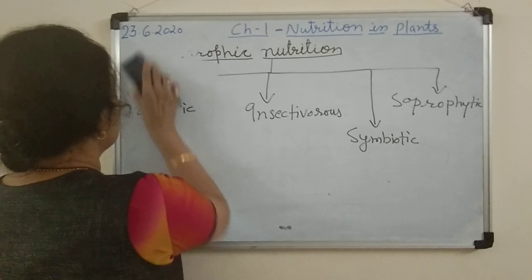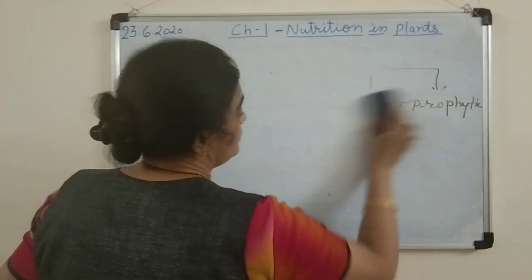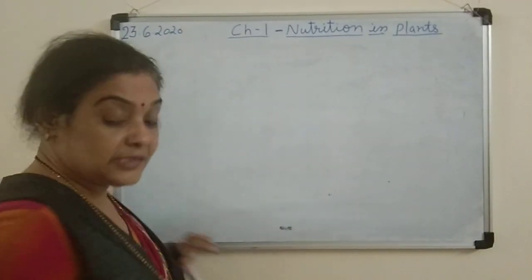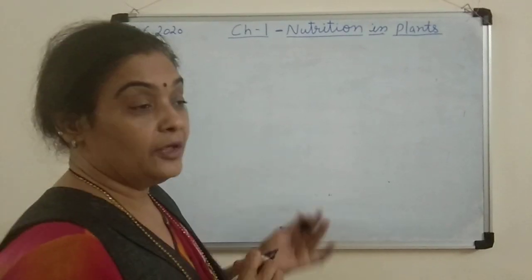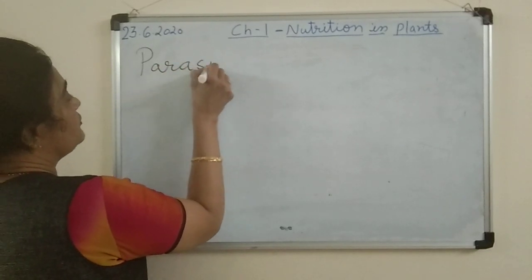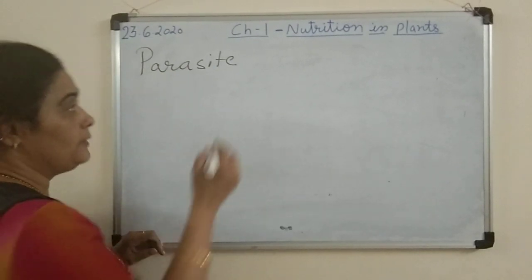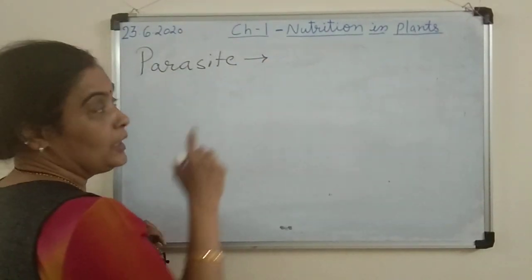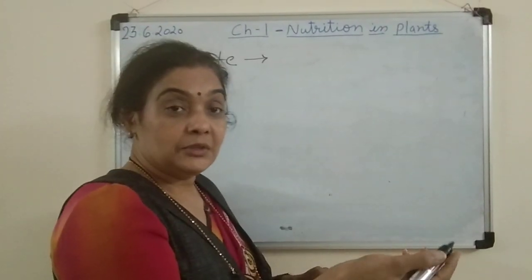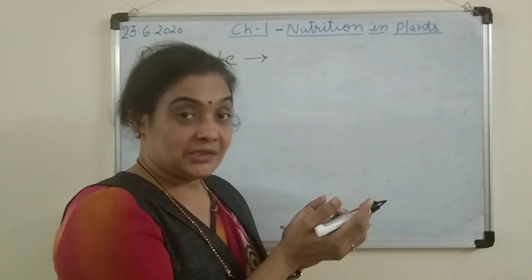First we discuss the parasitic. Parasitic, para means other, site means location. They stay on other locations and derive nutrition. These organisms take nutrition from other organisms that are already manufacturing food, that means the green plants.